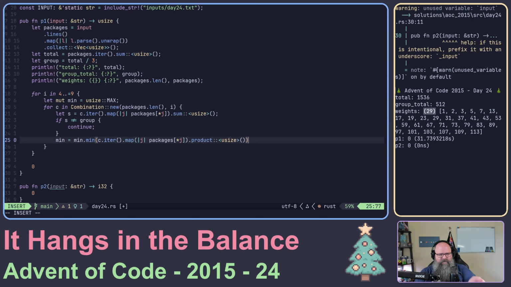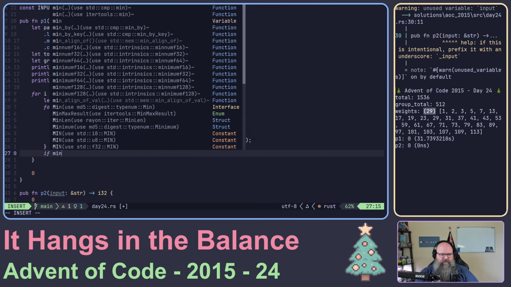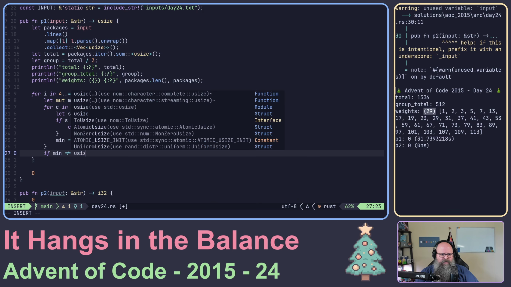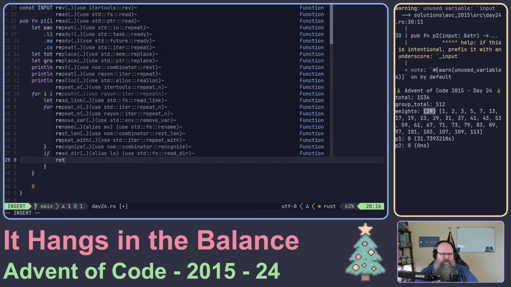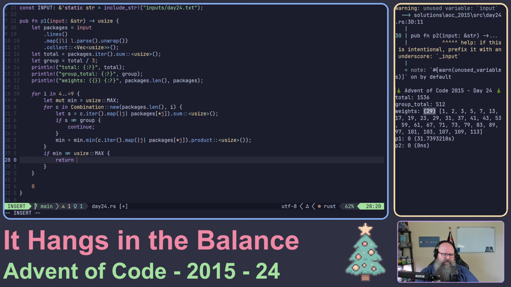So pick the minimum of the max and this. And then we can say if min does not equal usize max, like if we found one, then we can return min. Otherwise we return 0. I'm curious where it stops, so we'll do println. Like that, maybe?